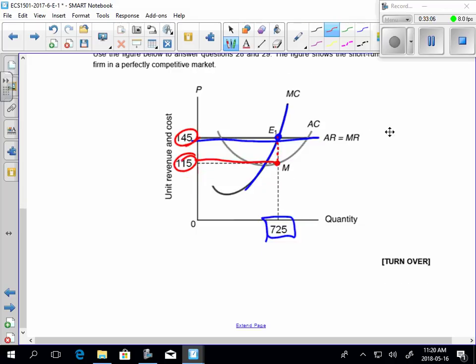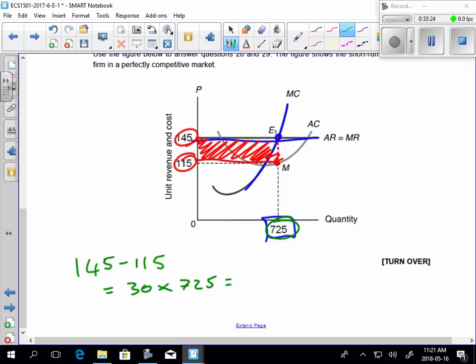So this rectangle would be the profit of the firm. Now, to calculate the profit of the firm, 145 minus 115 is equal to 30, multiplied by the 725 units that they sell, and you should get an answer of 21,750.